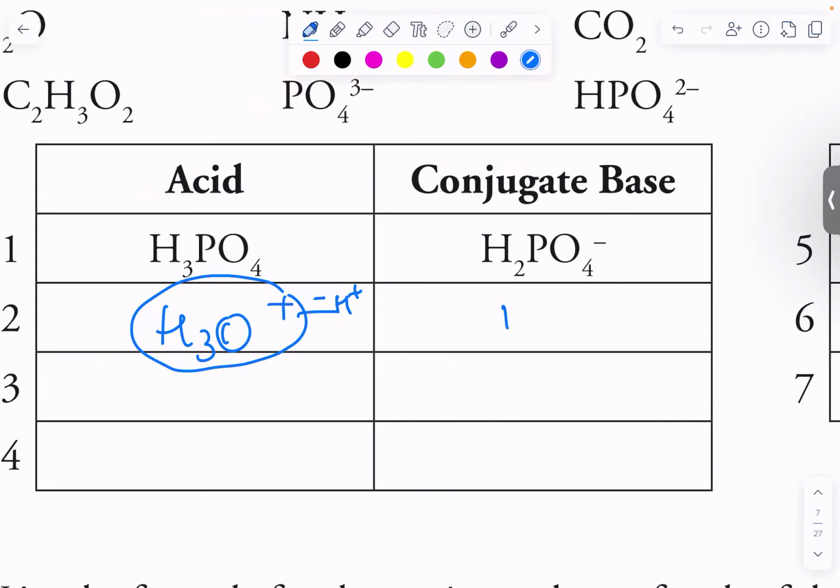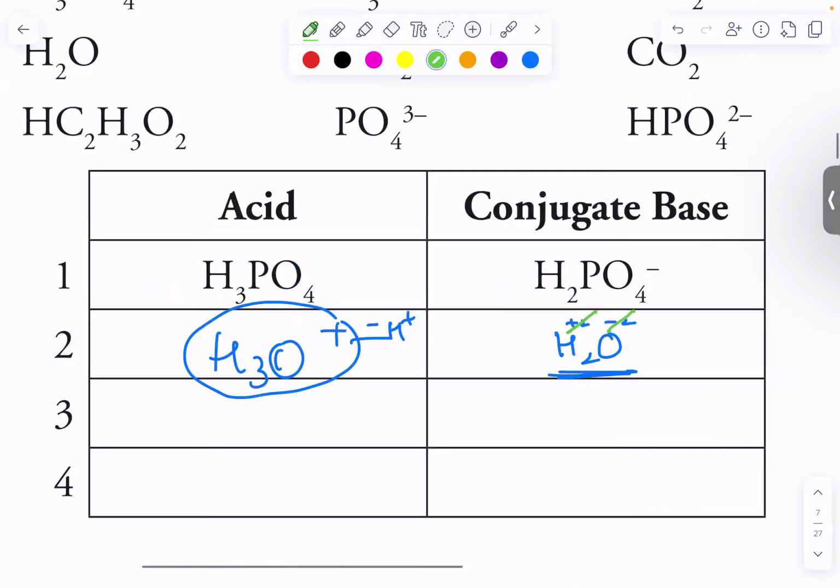H2O. Why no minus? Because it loses a proton. After losing the proton, what would happen? Nothing. H2O is already neutral. Yes, it's already neutral.